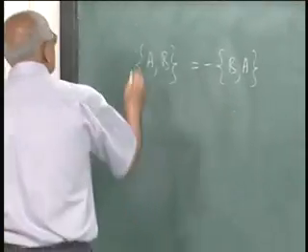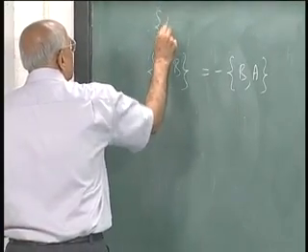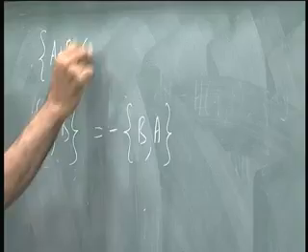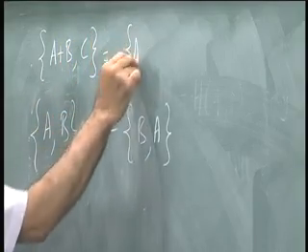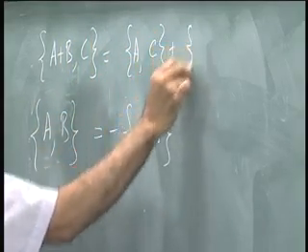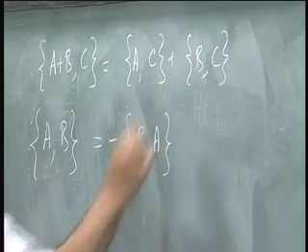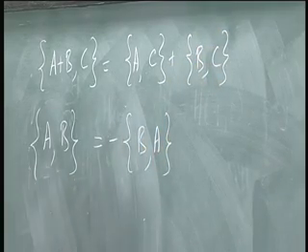By the way, there is an even more trivial property which essentially says that the bracket of A plus B with C is A with C plus B with C. That is of course true. Immediately all you have to do is plug it in there, and this is at once true.